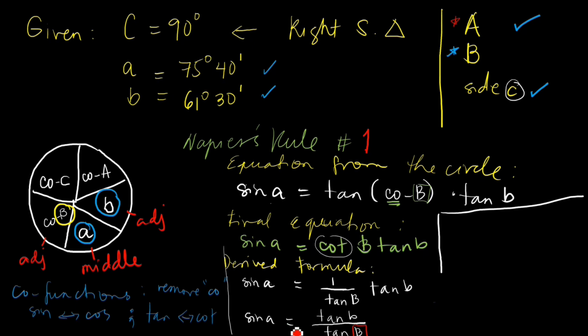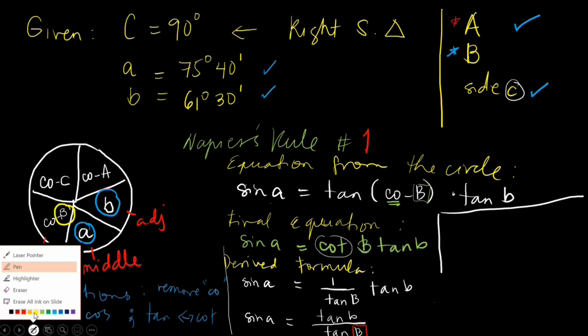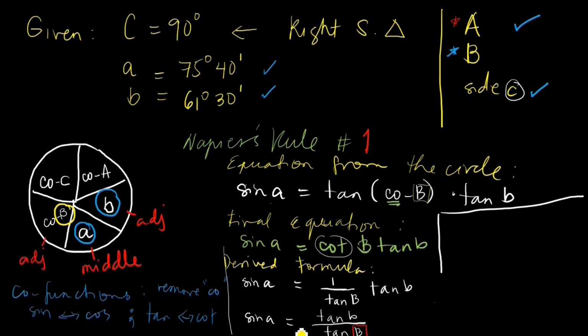By means of cross multiplication, we can simply interchange the two. Sine A can be written as the denominator of the right side, and tangent angle B we can write on the left side. So we can switch the two. That is cross multiplication.